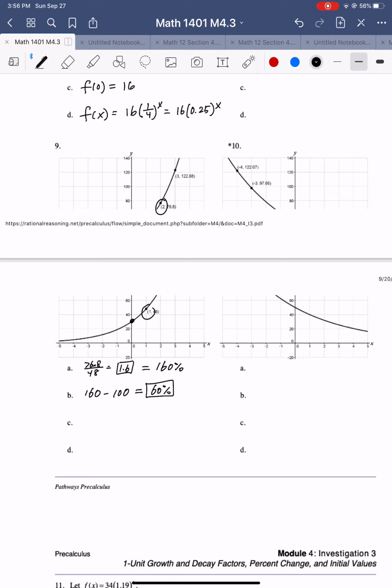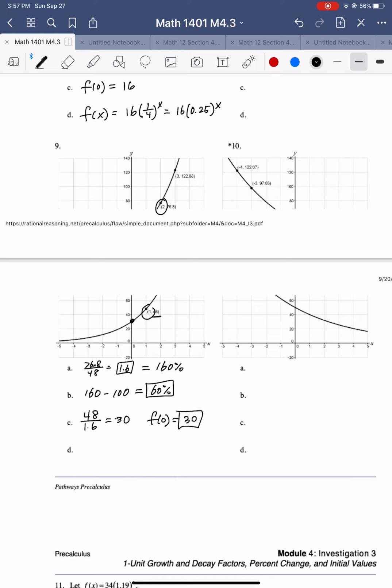Okay, so 1.6. So what I'm going to do is take the number that we have when x equals 1, so 48, and divide by 1.6. I get 30. So now f of 0 equals 30.